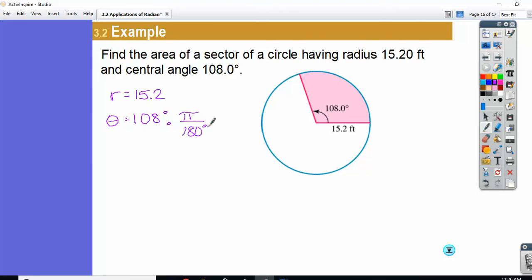Multiply by your pi over 180. And we get 3 pi over 5. So then area is 1/2 R squared theta. So plug in our stuff.